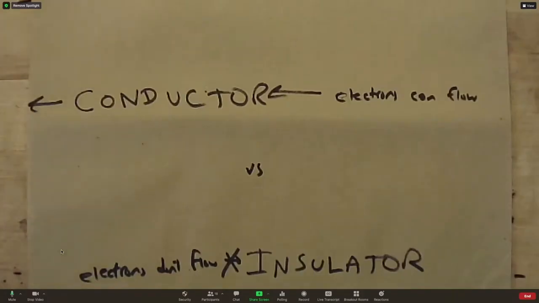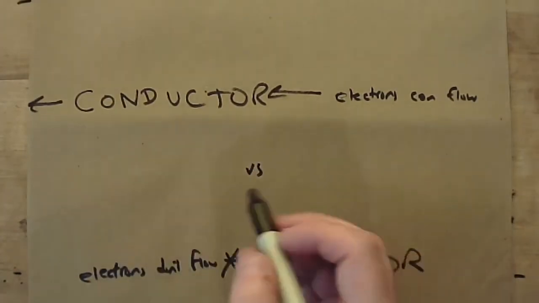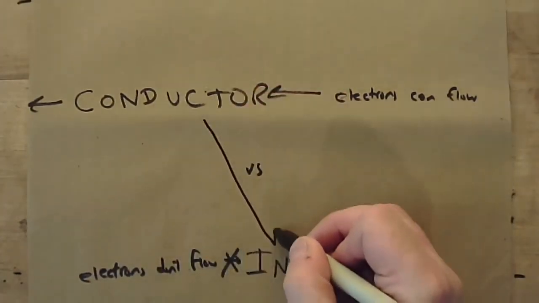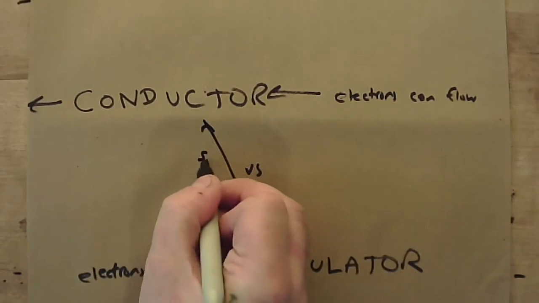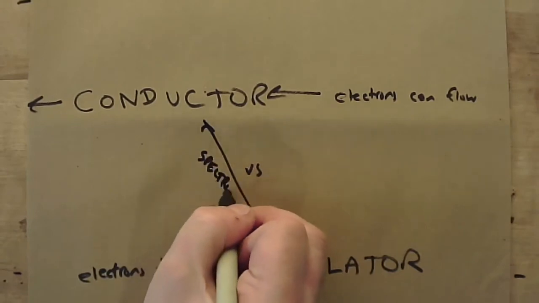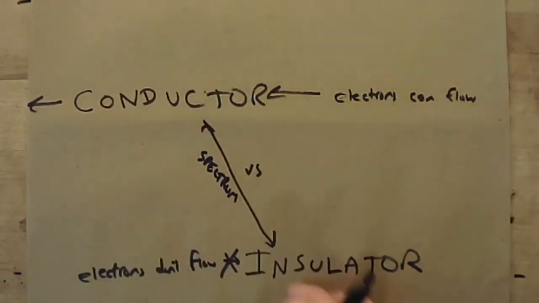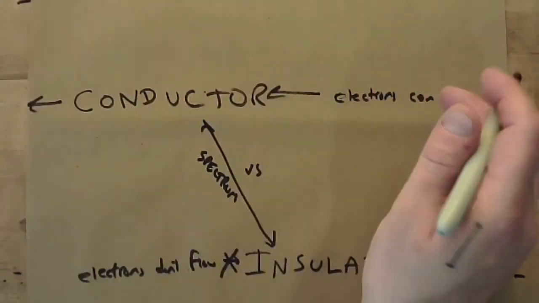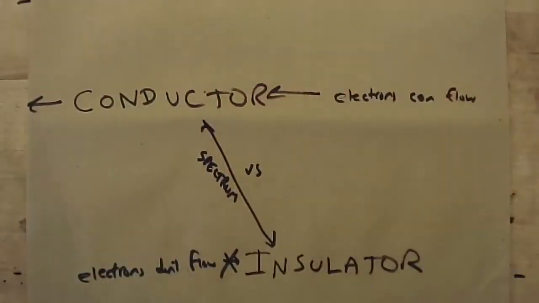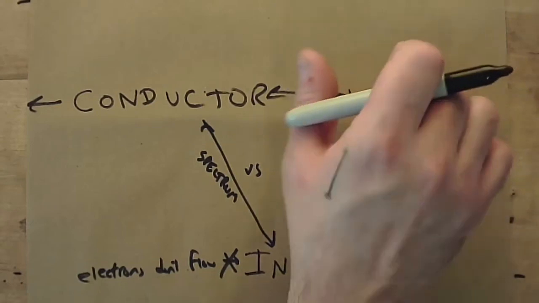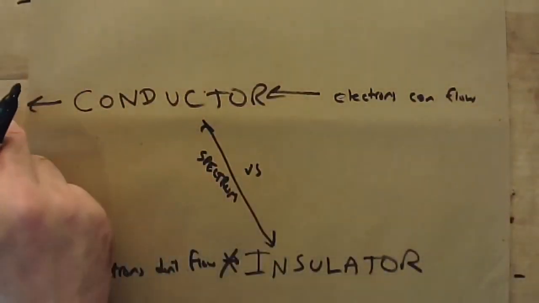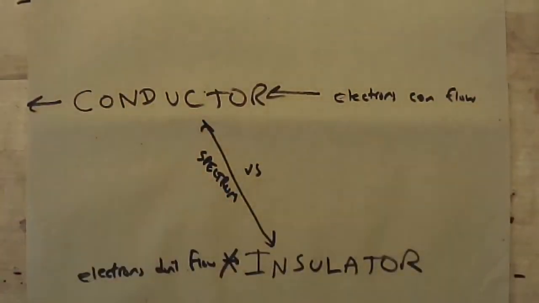And so then, somewhere in between, in here we have this spectrum, right? There is everything in between a perfect conductor that allows electrons to flow with no resistance, no impedance to those electrons moving through a conductive medium, and something that completely stops the flow of electrons.